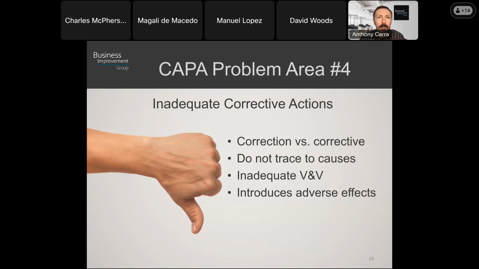What I mean by that is by the very definition, corrective actions are actions that we implement to prevent reoccurrence of a problem that happened at least once before, whereas preventive actions are actions that we implement to prevent the future reoccurrence of a problem we may never have seen yet.